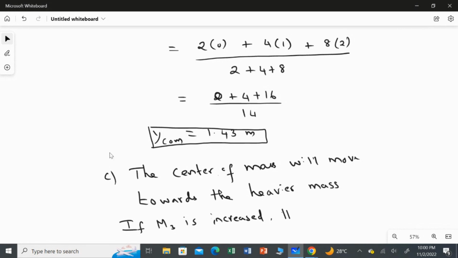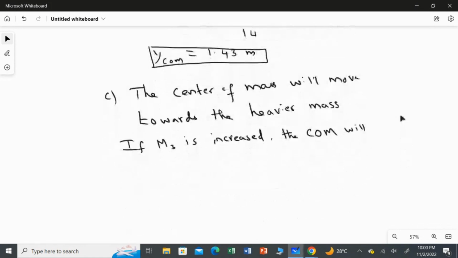Clear? If M3 is increased, the center of mass will for sure move closer to the M3 body. So this is the answer for the third part.